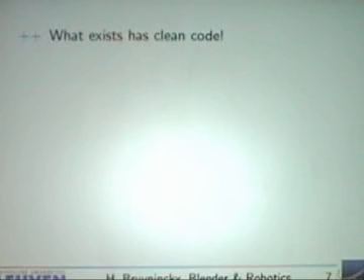Compared to what I know in robotics, the rest is very good, clean code. I was able to understand it in a couple of days. Our system itself is quite nice. The code is clean. I don't say it's perfect, but I can recommend it.